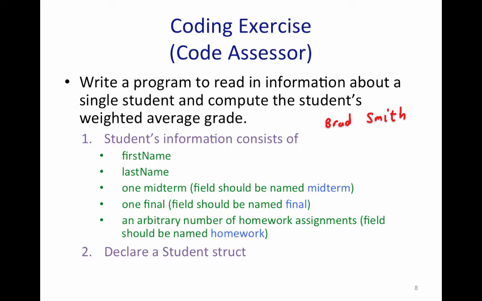So when I was reading the rest of the information, I would probably have something like string assessmentType, and then maybe int score. And then you can say while cin into assessmentType and into score. So that will read the assessment type and score.